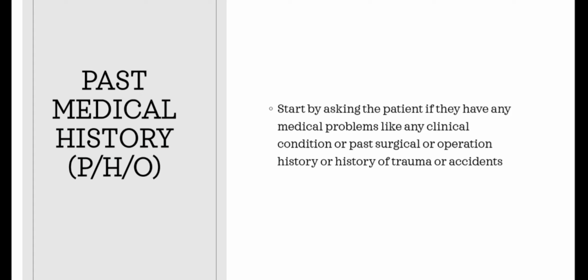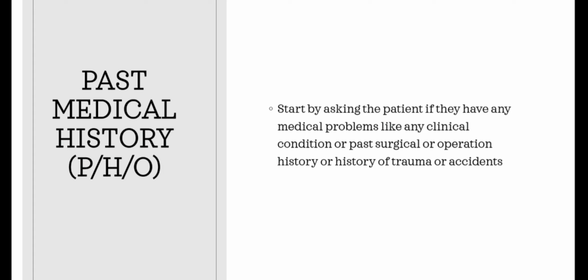Next one is past medical history. You can denote it as P/H/O. Start by asking the patient if they have any medical problems like ischemic heart disease or heart attack before, or diabetes mellitus, asthma, TB, jaundice, fits, hypertension, like that, or any mental health issues.